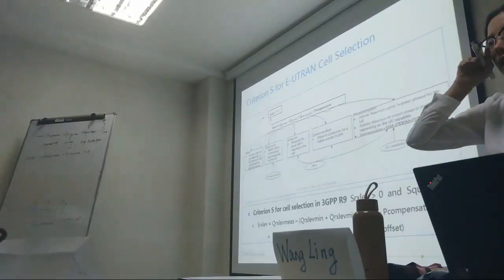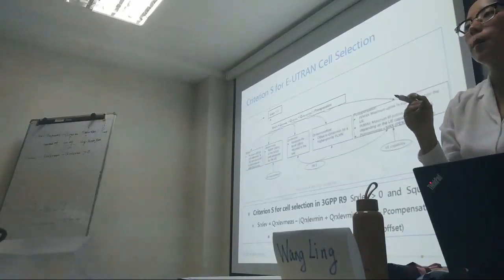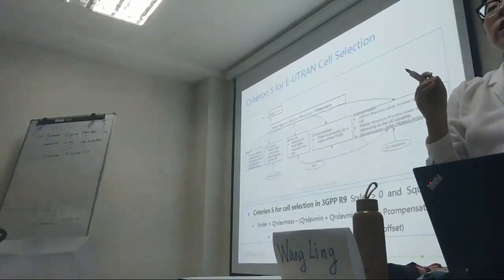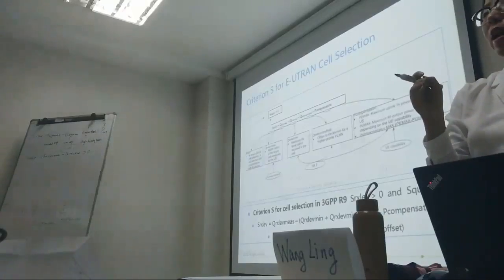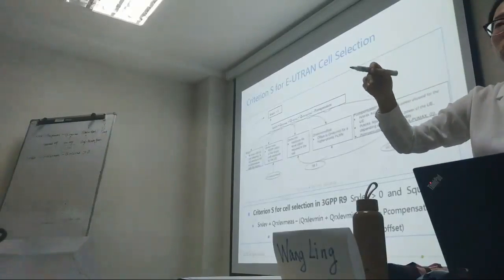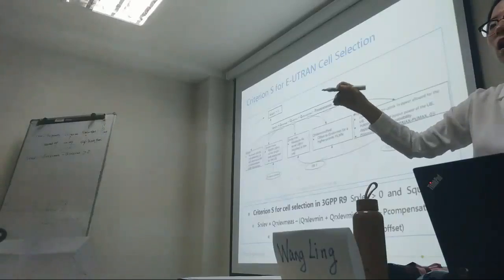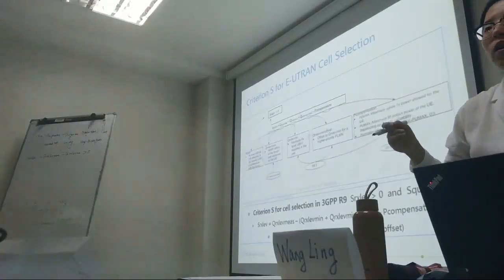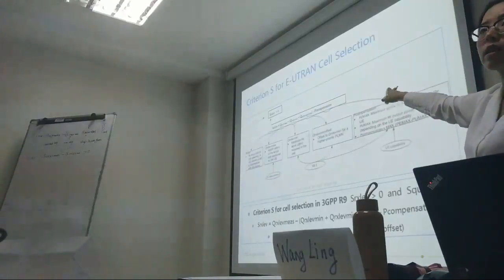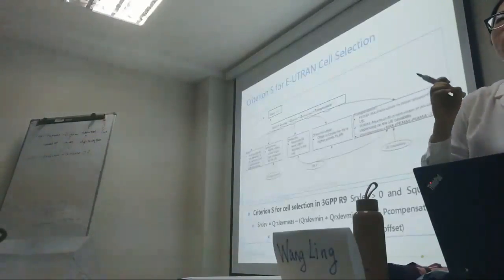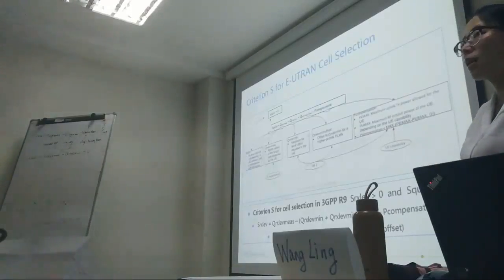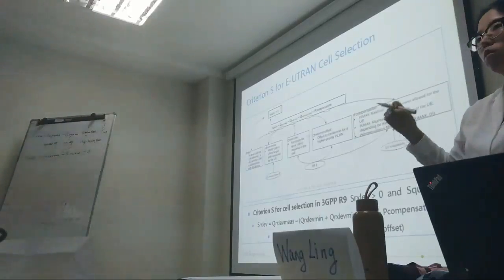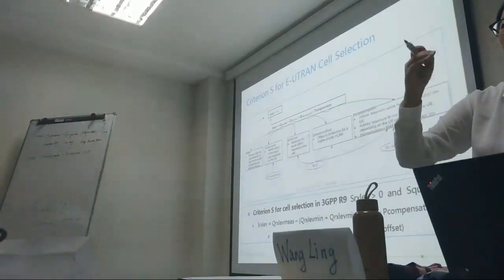Some UEs, yesterday we saw in the signalings, have a capability that relates to which release it supports, R9 or R8. If it's an R8 UE, it only considers RP. If it's R9, it may consider RQ. This is also configured by the network.